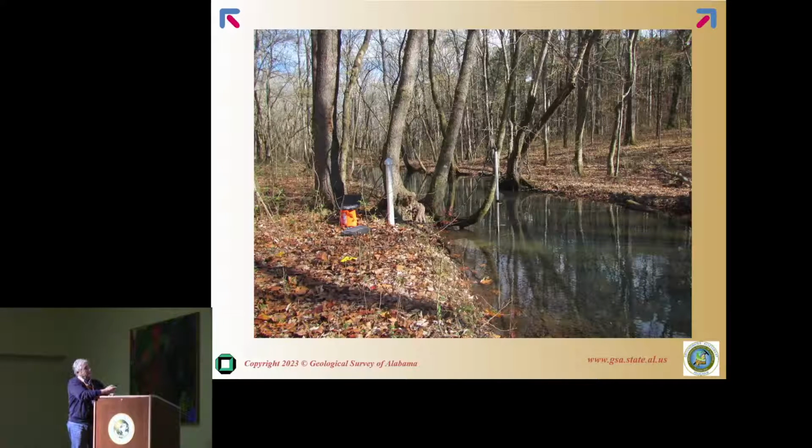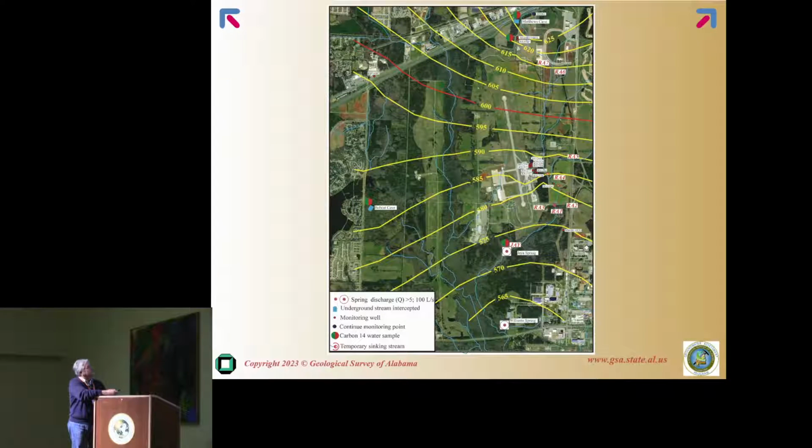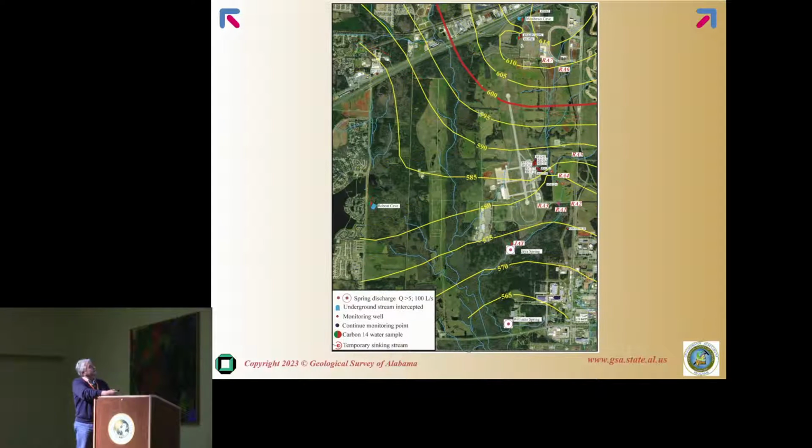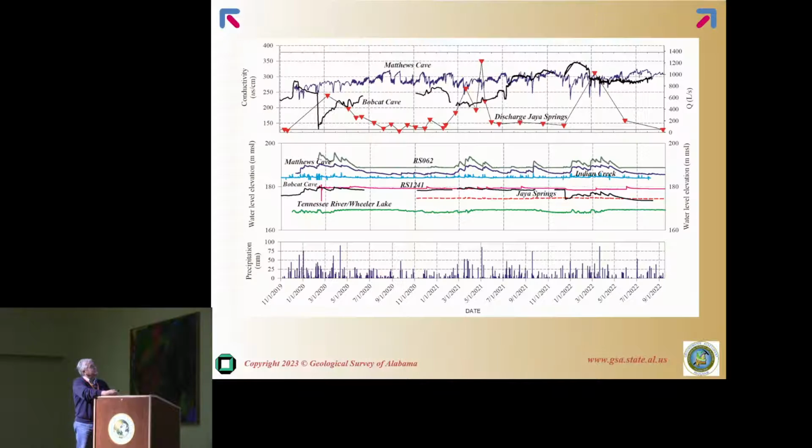This spring is monitored continuously. Based on those monitoring data, plus another 12 wells we measured on a monthly basis, we generated a water table map, which is going towards the south, towards the Tennessee River. This one is in the dry season, and the other one is in the rainy season.